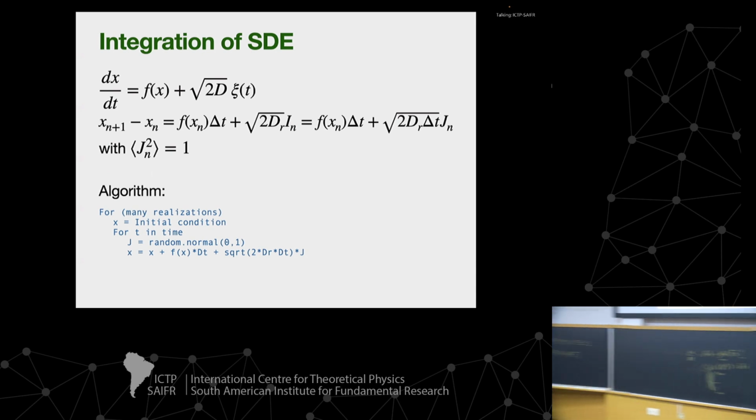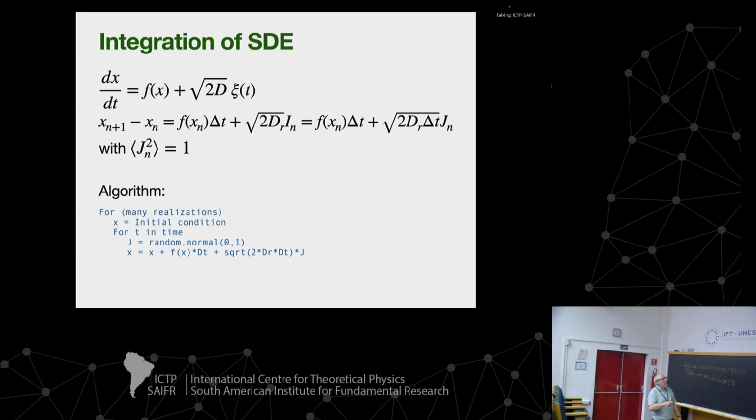Many realizations. You put some initial condition that can be deterministic or random, depends on the problem. Sometimes you start always with the same initial condition. Sometimes you start also with random initial conditions. And then you integrate in time. At each time step, you choose a normal variable, a Gaussian variable, with 0 mean and variance 1, and then you integrate it like that.